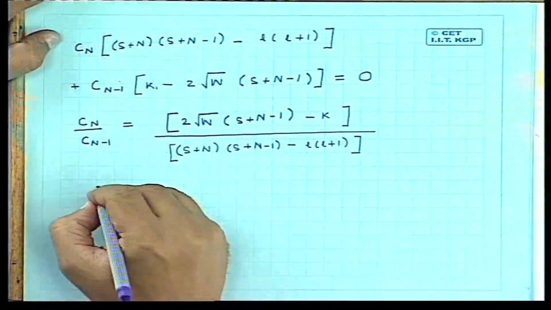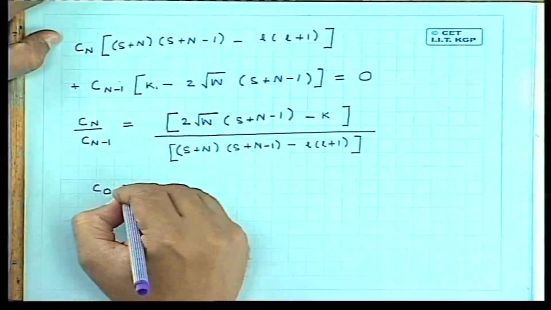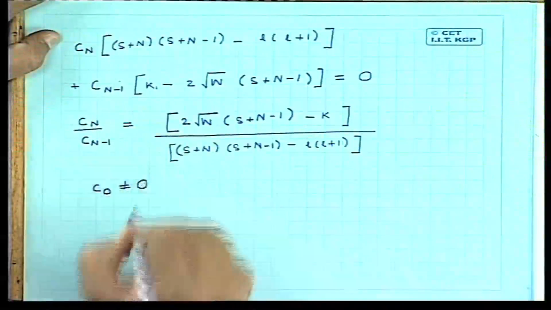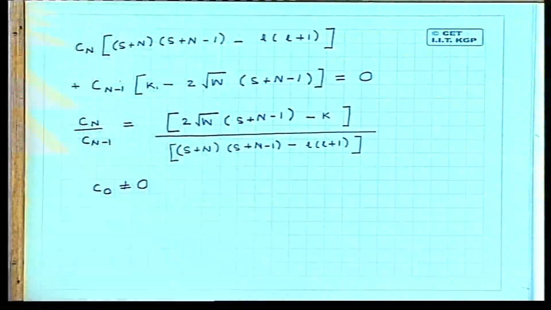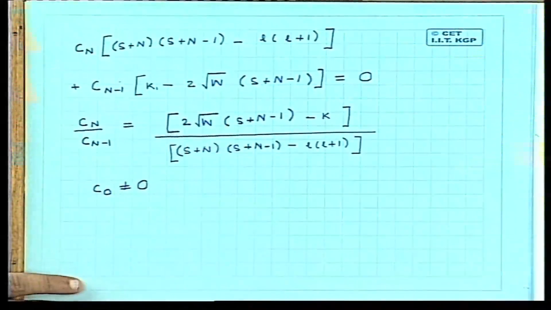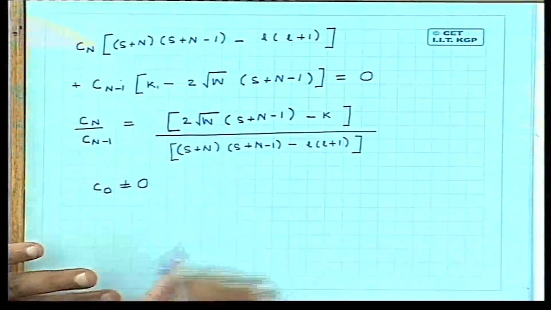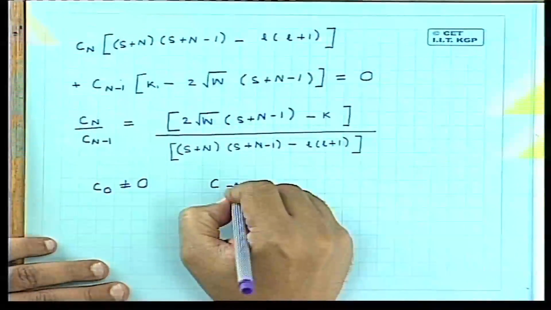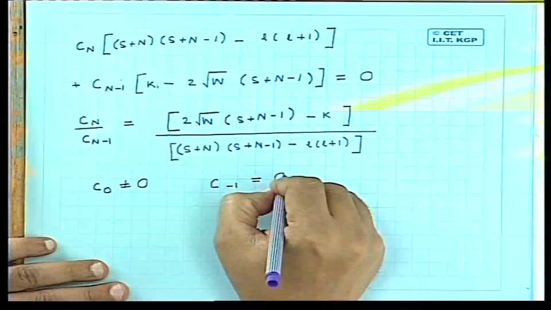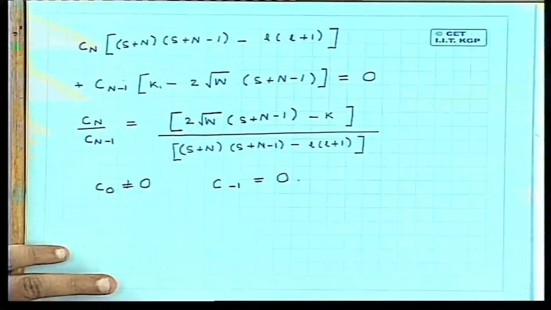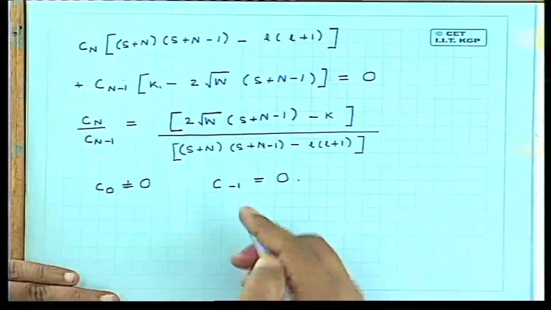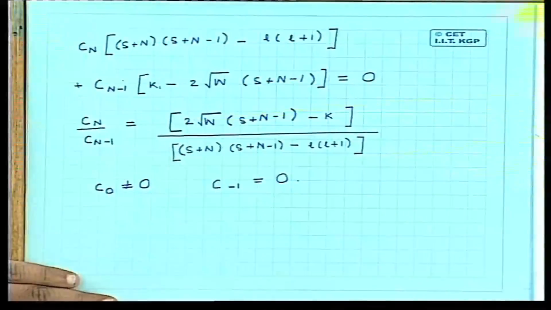Now we want C naught to be not equal to 0, because that is the first term. If C naught is 0, then all the higher terms are going to be 0. So C naught cannot be 0, but C minus 1 should be equal to 0, because the whole sum starts from 0 onwards.